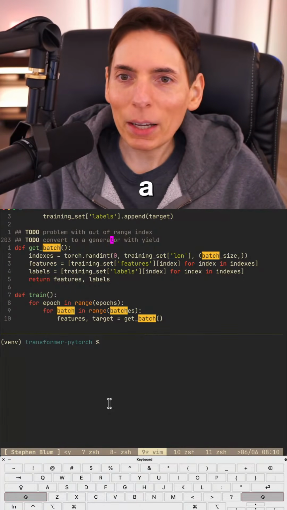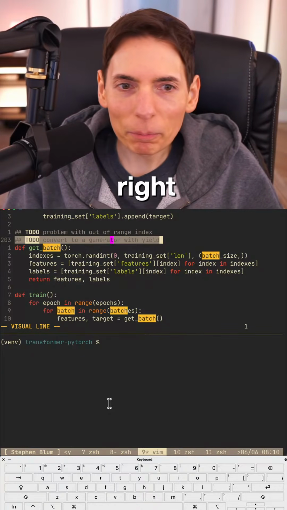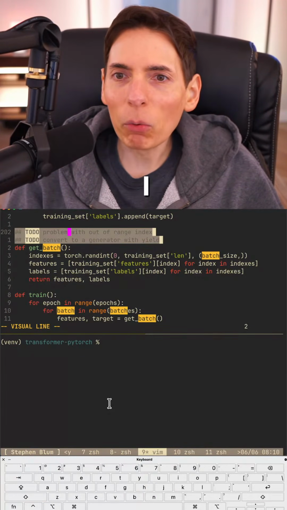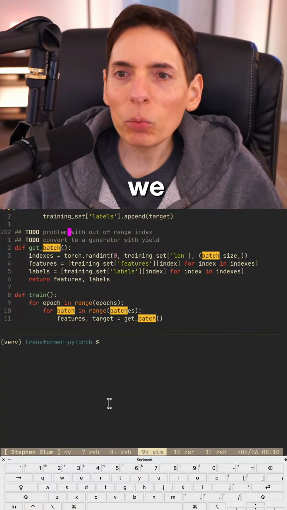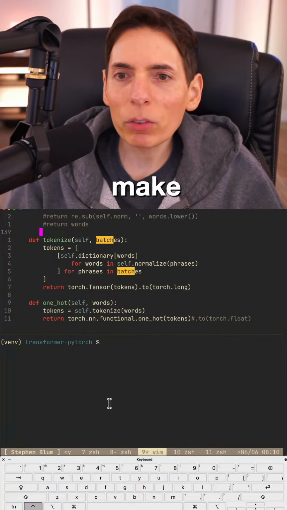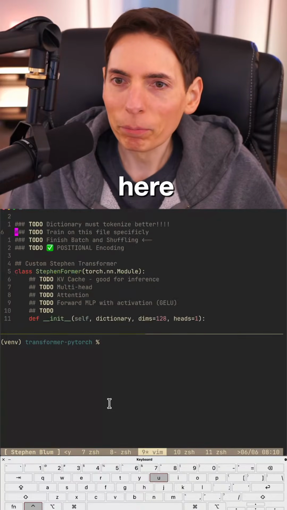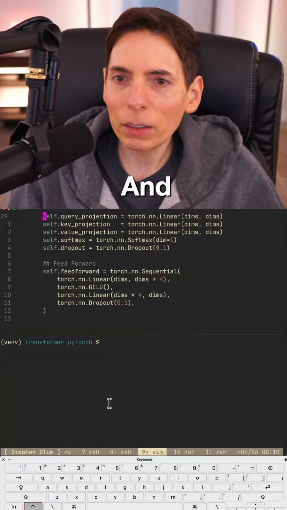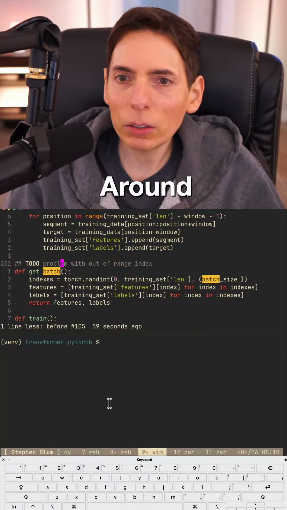All right, so we got a plan. We've got a pretty good plan right here. I want to make this adjustment because that's going to fix some of the problems. And then I'm pretty sure we have to make a few small minor adjustments up here, and not these things, around here.